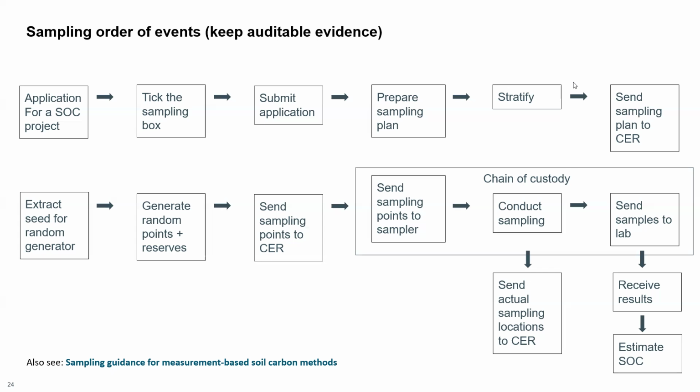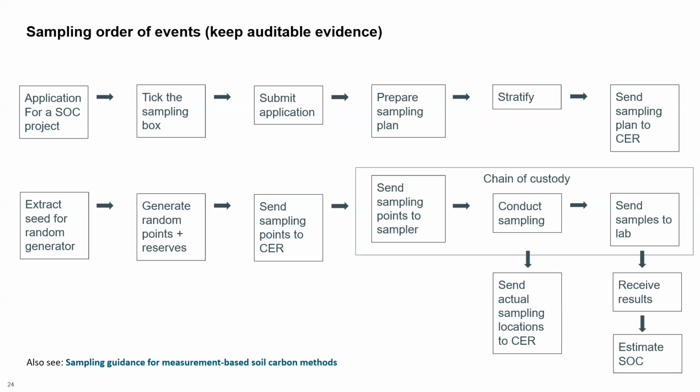So you conduct your sampling. My diagram is a bit misleading. No, sorry. After the sampling has been conducted, for some practical reason, sometimes you cannot sample in the exact place that the sampling point was dropped.